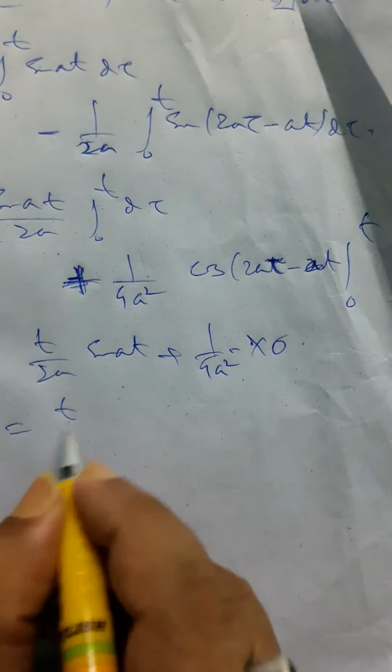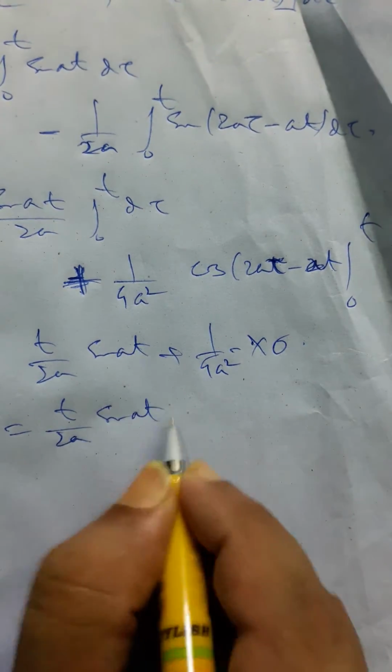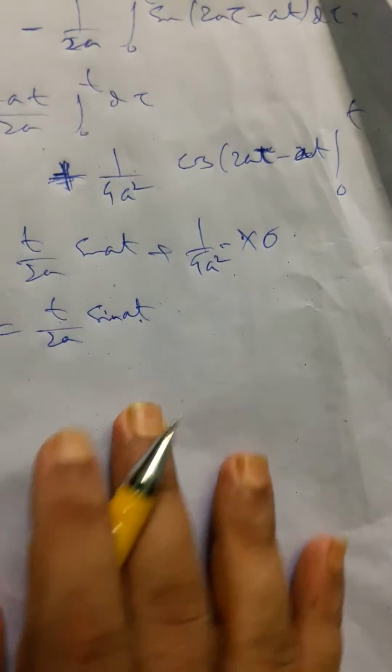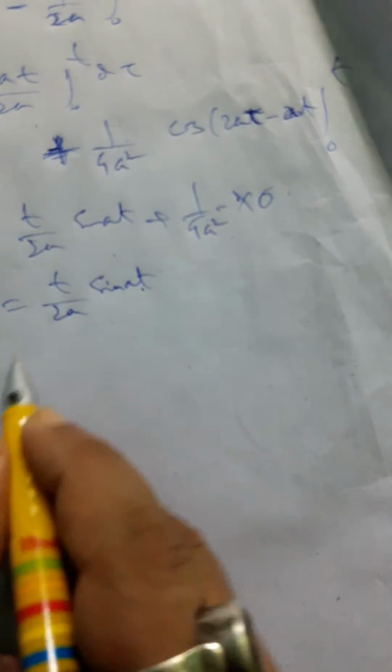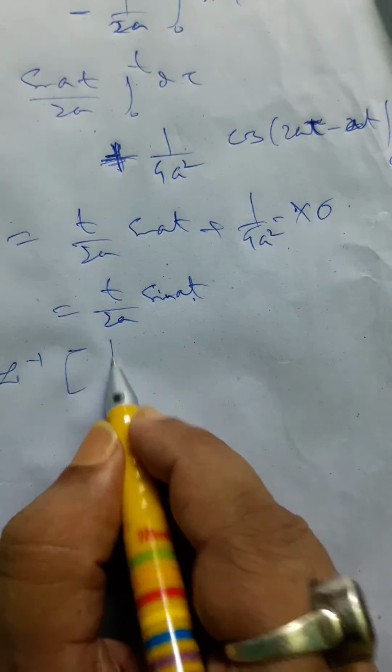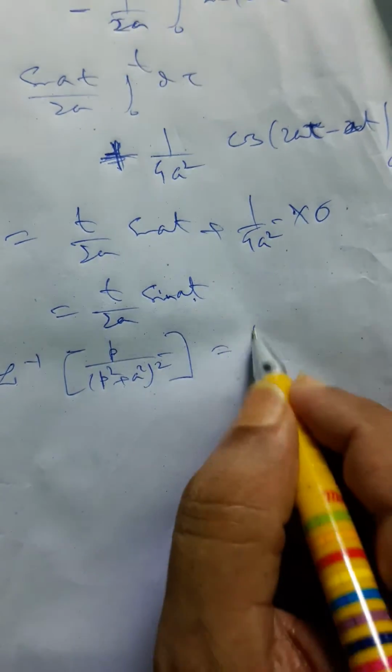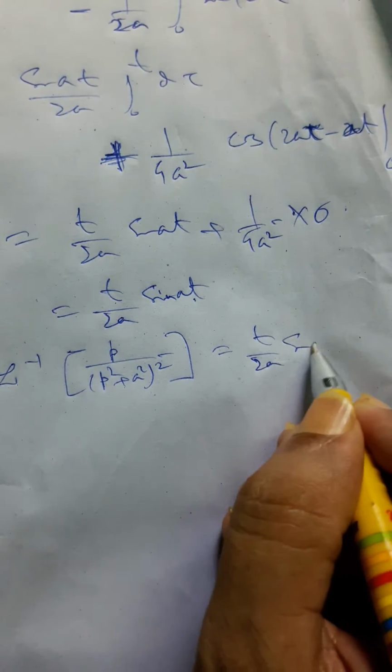So it will be t by twice a sine of at. In this way we find that the Laplace inverse of p by p square plus a square whole square is equal to t by twice a sine of at.